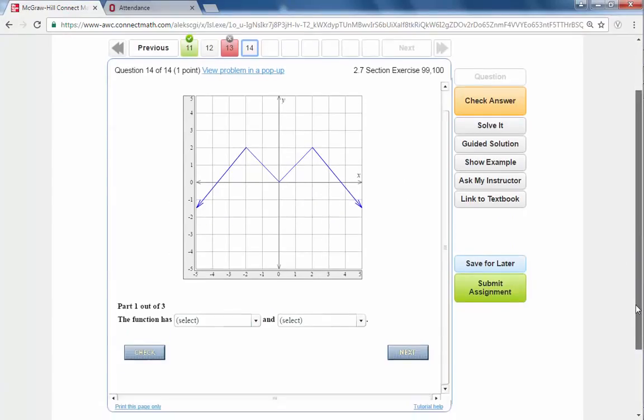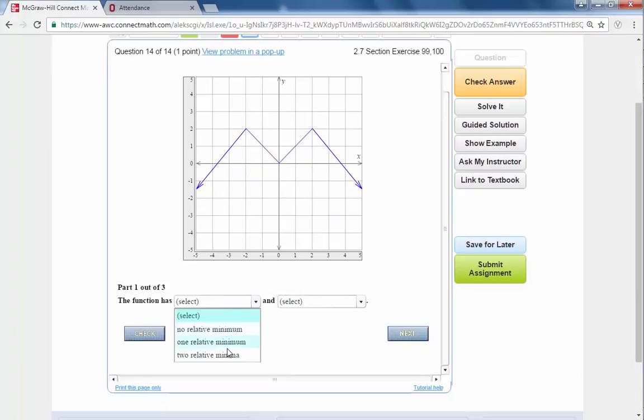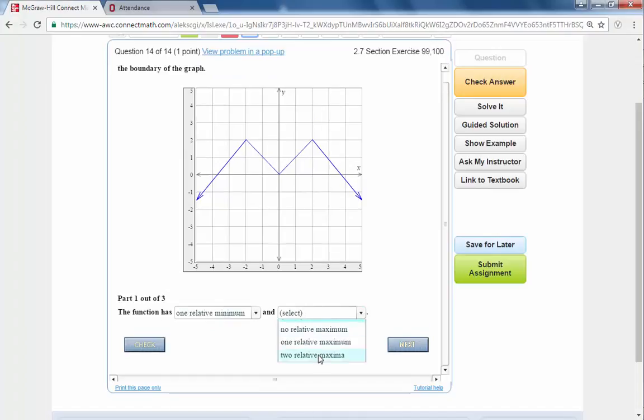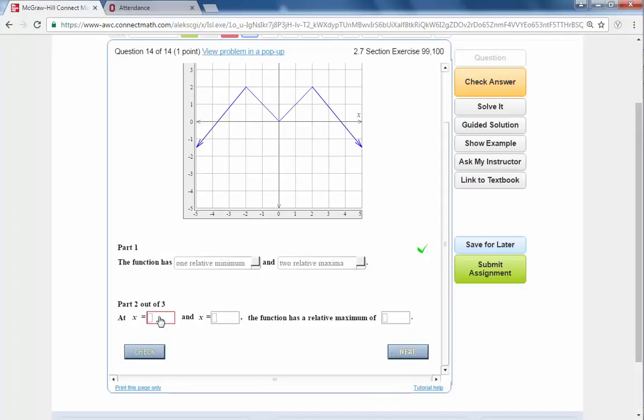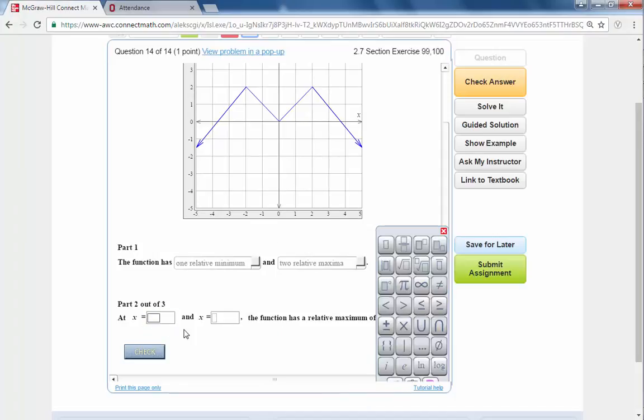So how many maximums, peaks, do you count? 2. No, this is a minimum. So it's 1 minimum, right? Yeah. 1 minimum, but 2 maximums. Maximums are at -2.